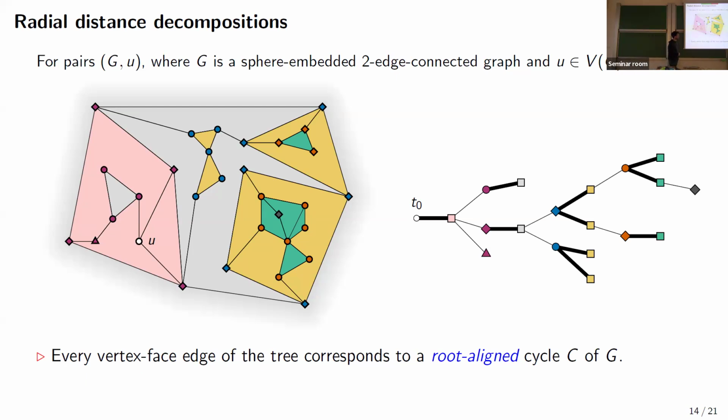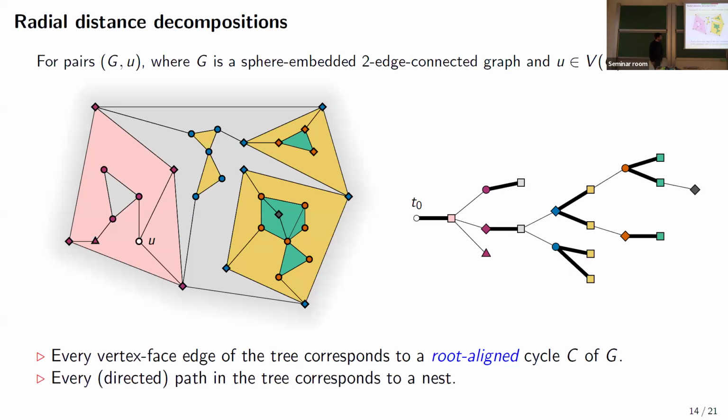I call it a root-aligned cycle of G. When I speak about root-aligned cycles of G, I will speak about cycles obtained through this process. If you give me a long path in the tree, this corresponds to a sequence of nested cycles. A property you get from the construction is that the root-aligned cycles of G are non-crossing. The way you take your layering gives you cycles that are laminar.